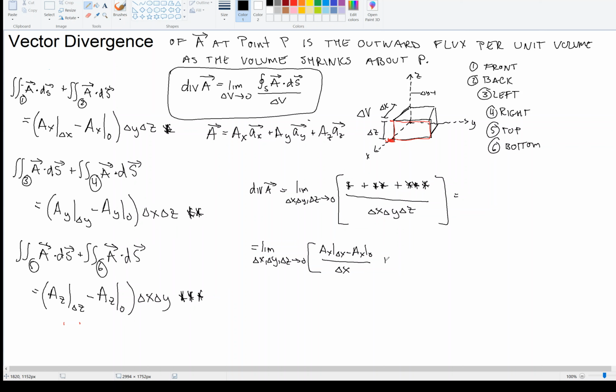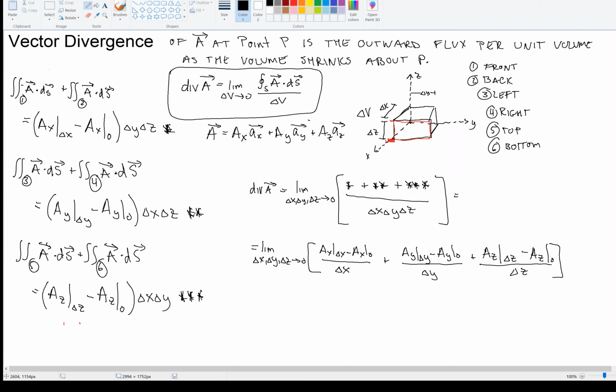And then similarly, I'll have ay evaluated at delta y minus ay evaluated at 0 over delta y, and az evaluated at delta z minus az evaluated at 0 over delta z.